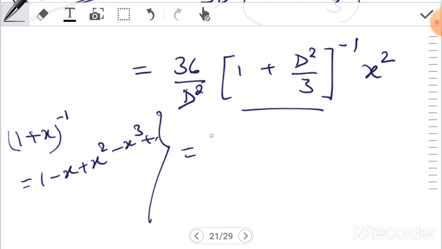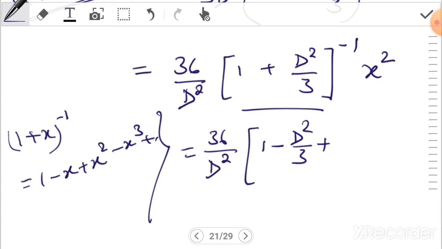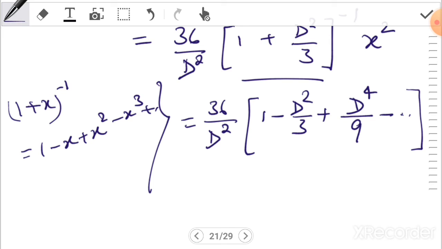So 36 by D square, 1 minus D square by 3 plus D power 4 by 9 and so on, which will operate on x square.